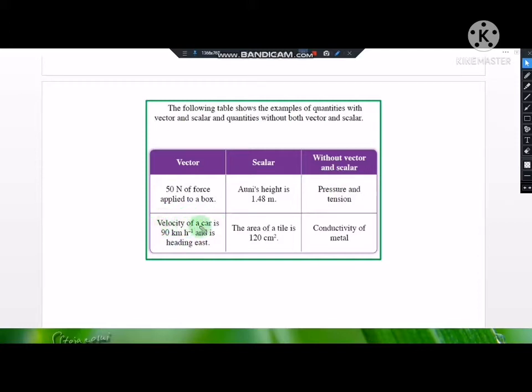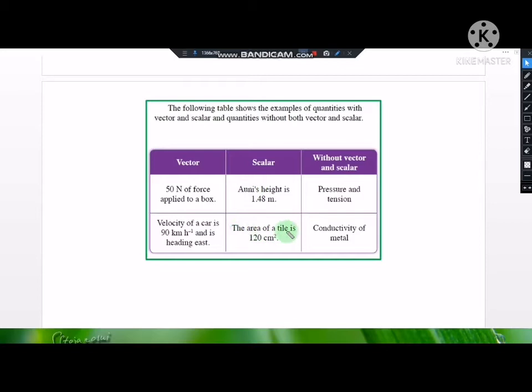Okay, let's look below here. Velocity of a car is 90 km per hour and is heading east. As I mentioned just now, this is the magnitude and heading to the east is the direction. So that's why we call this situation a vector quantity. Let's look at the scalar.